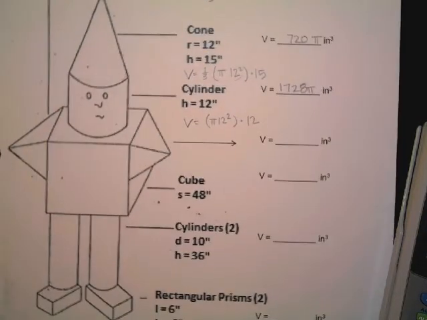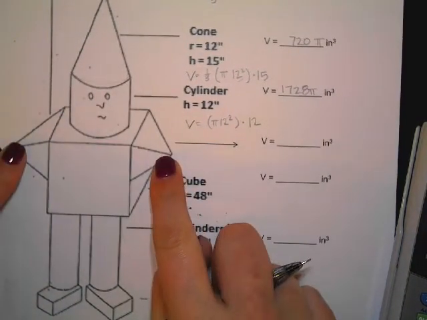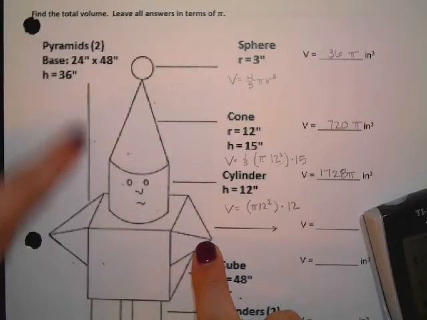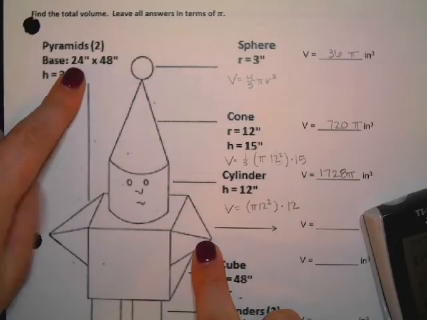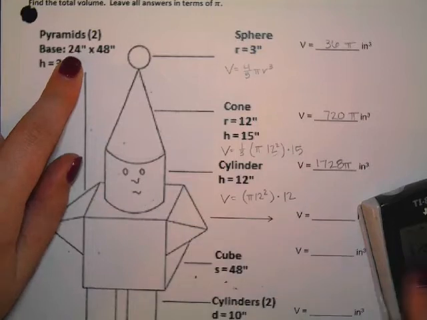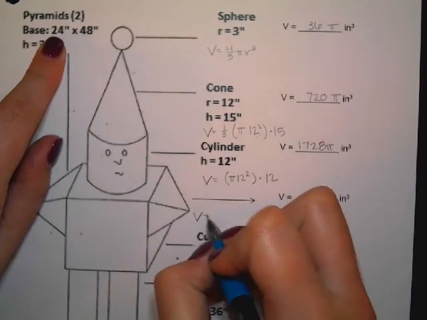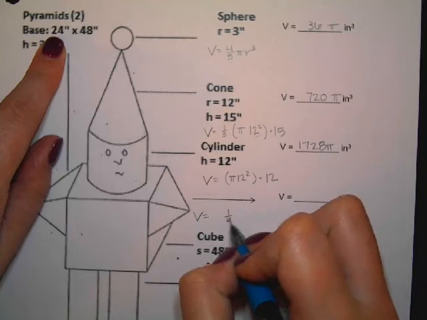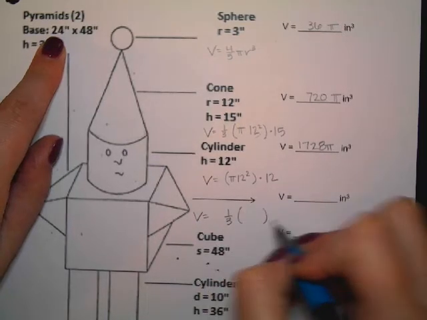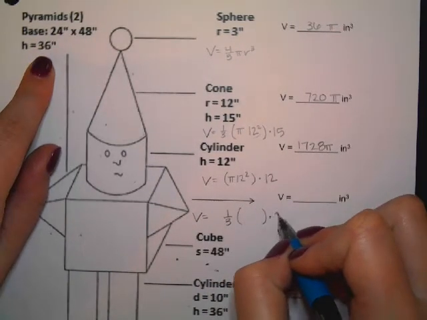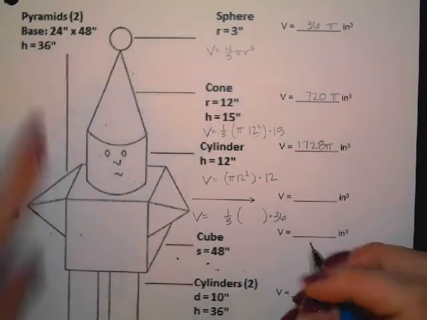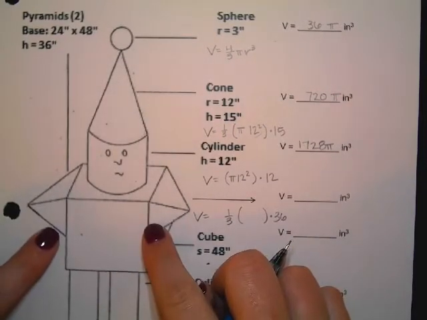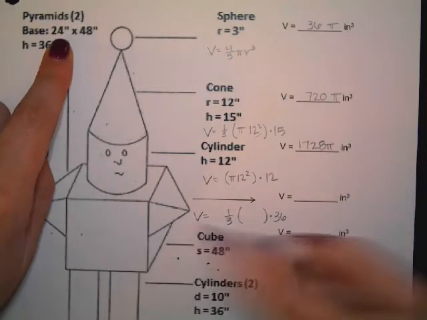Okay, next we have two pyramids. You can see that we have a line drawn up here. We know that the formula for the volume of a pyramid is 1/3 times the area of the base times the height, so height is 36. The area of the base would just be rectangles, and they told you that it's 24 inches by 48.